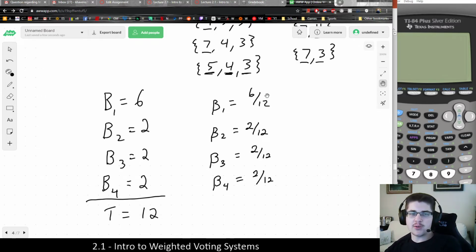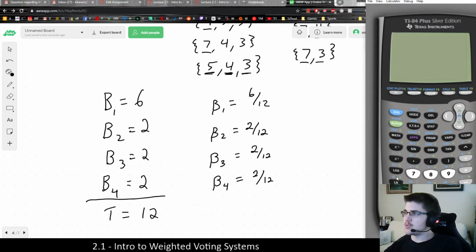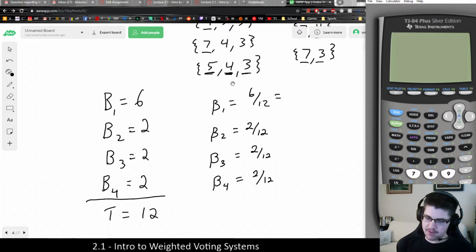Your homework will often ask you to reduce those fractions. We can divide out the common factor of 6, which would leave us with 1/2. And with 1/12, we could divide out the common factor of 2, which would leave us with 1/6.